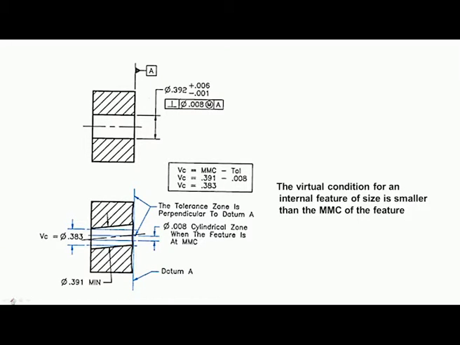This is the perpendicularity tolerance given for the hole, internal feature, that is hole.